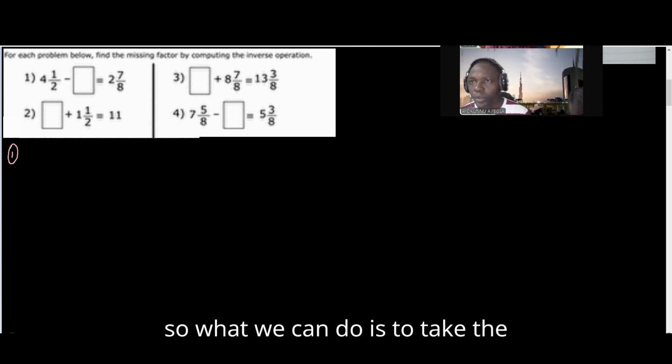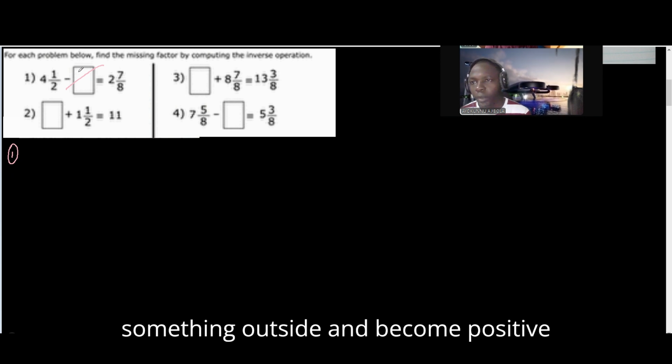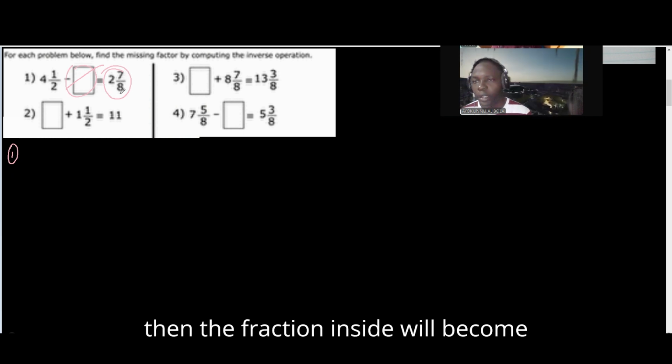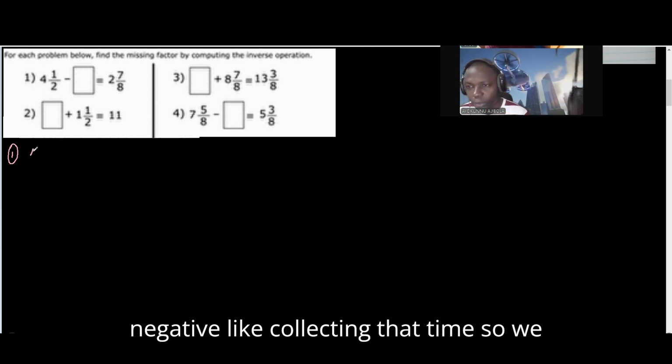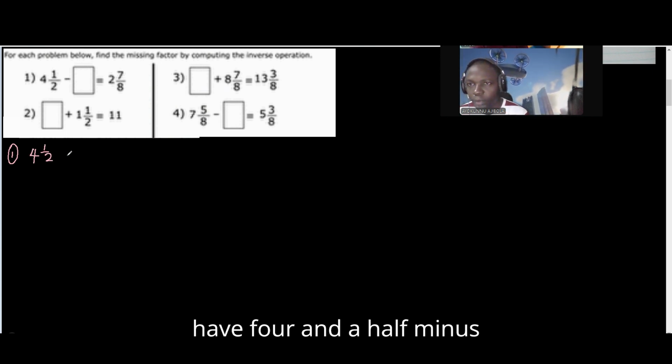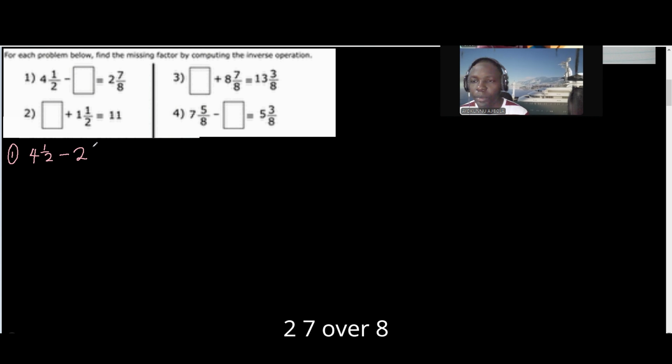Okay, so what we can do is to take the something outside and become positive, then the fraction inside to become negative, like collecting like terms. So we have 4.5 minus 2, 7 over 8 equal to the box.